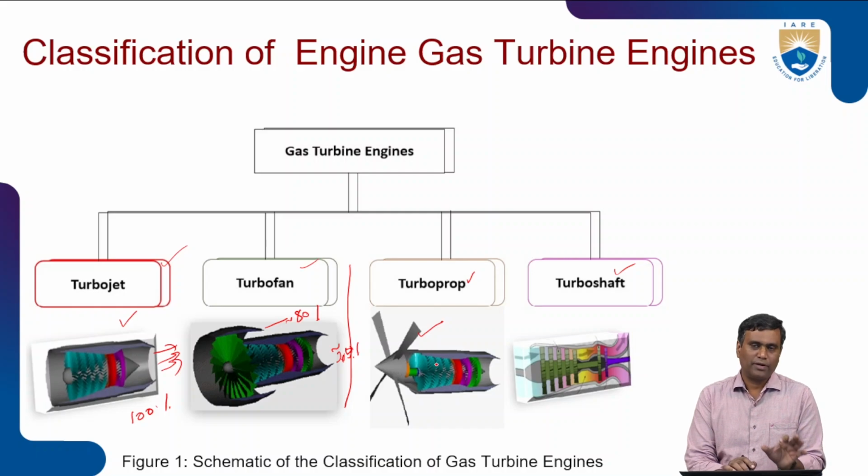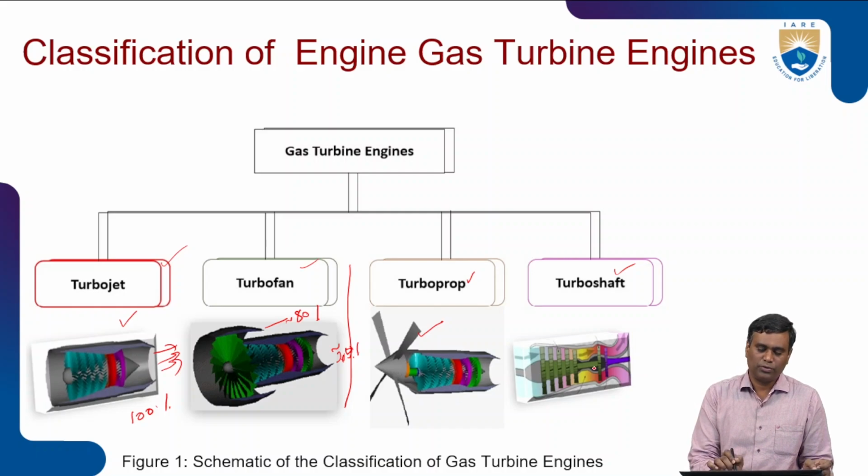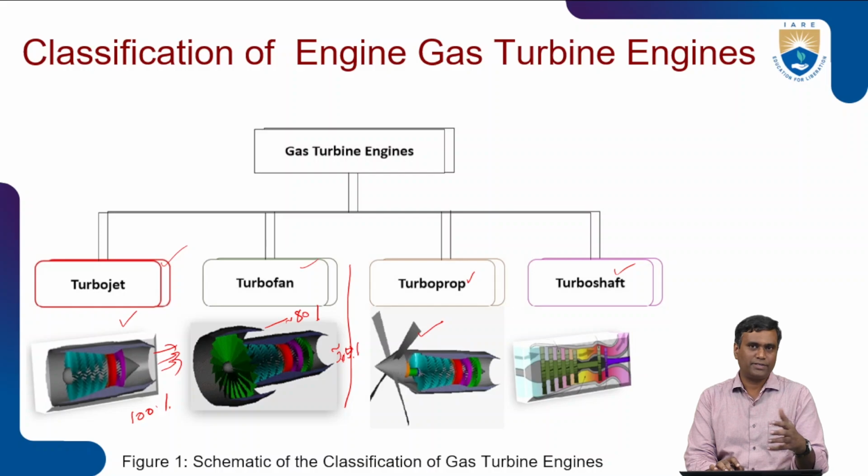Indirectly, both of these engines, as the name turboshaft says, depend on shaft power and generate shaft power, not direct thrust. Turbojet and turbofan generate thrust directly. Here, mechanical shaft power is converted to thrust.